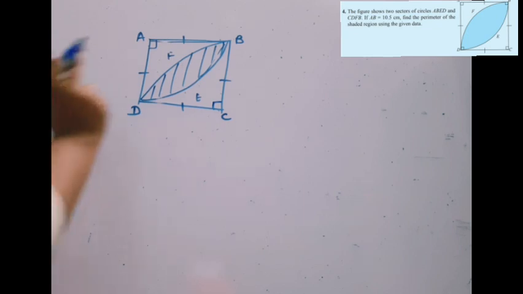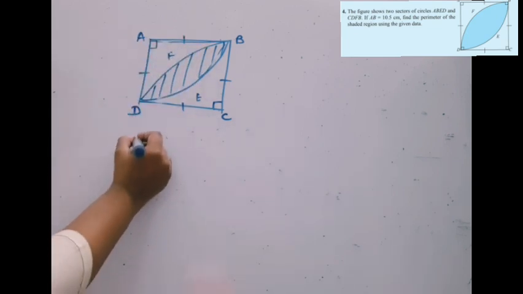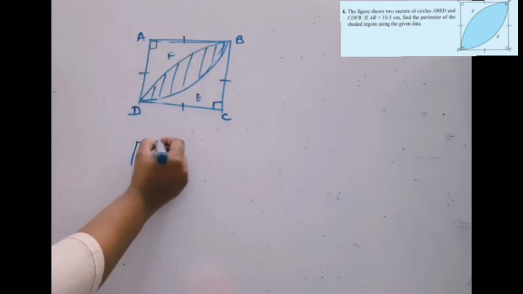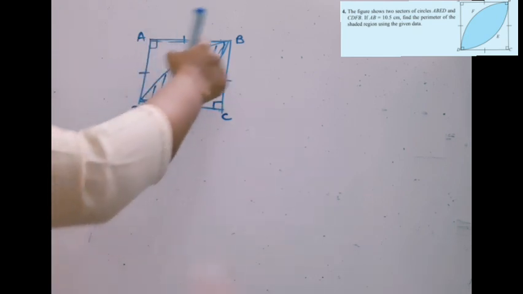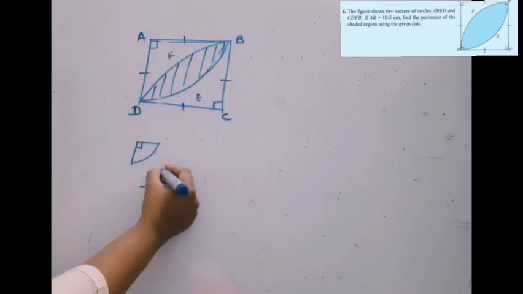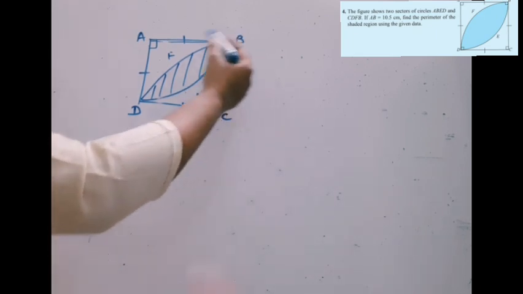So can you identify this sector? This is actually a quarter circle. See, this ABFD is going to look like this. So this is a quarter circle. Similarly, the other sector is also going to be a quarter circle, right? Which is CDFD.